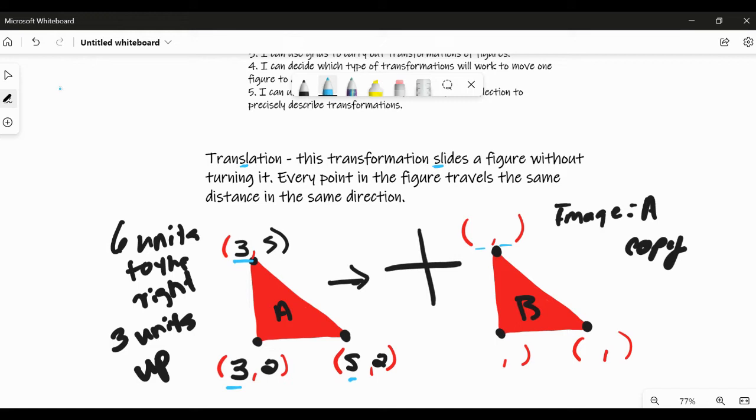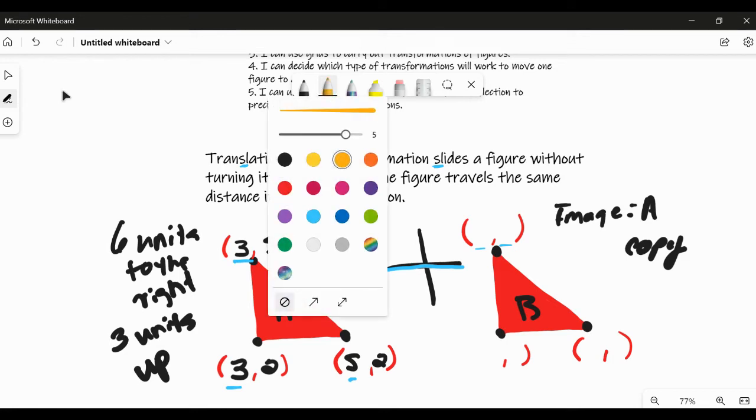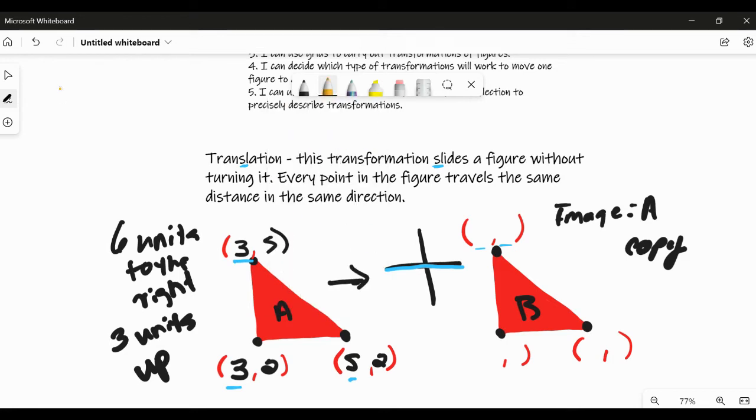Okay, your x values are going to lie on that blue line. All right, now your y values are going to lie on the orange line. So whenever we are dealing with units shifting to the left or to the right, we're going to be moving on our x-axis. Whenever we're dealing with units shifting up or down, we're going to be dealing with our y-axis.